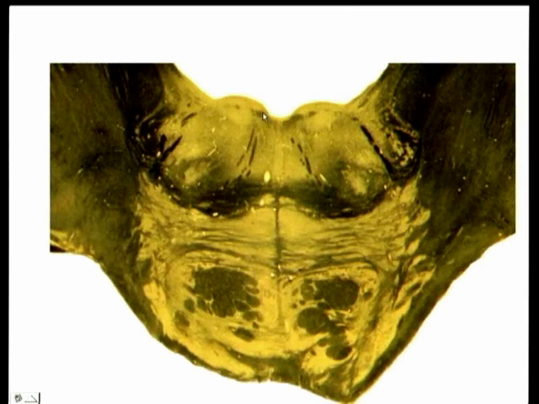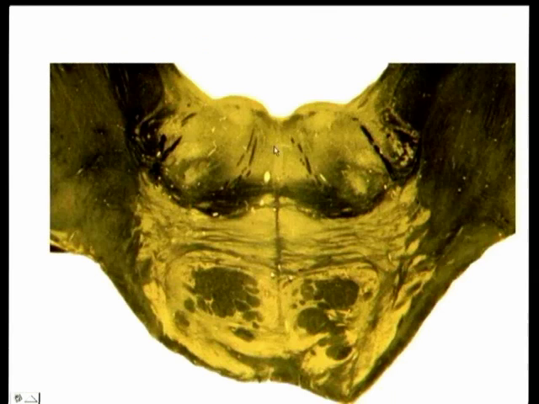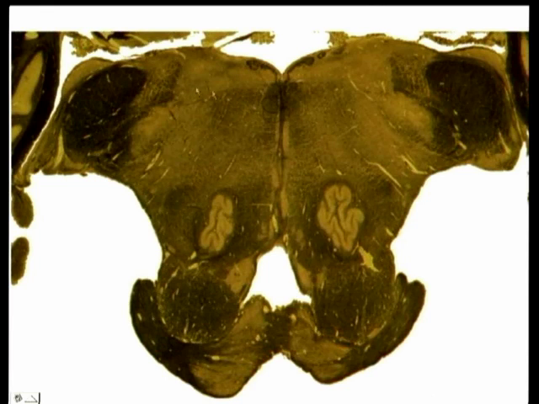This is the ascending MLF because it comes out of abducens. Don't confuse it with this right here. This pathway is starting here. So we call this a descending MLF. Or we should just rename it the medial vestibulospinal tract.